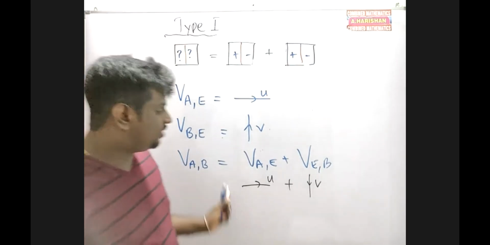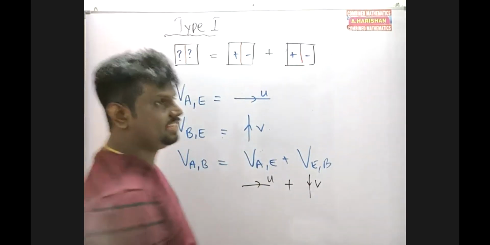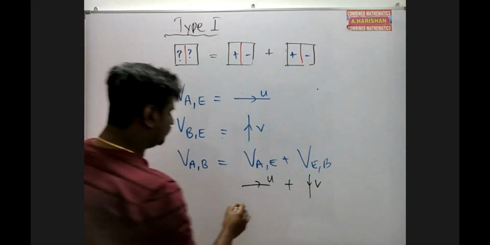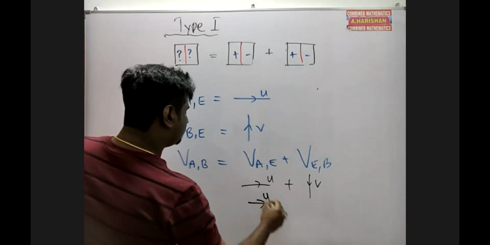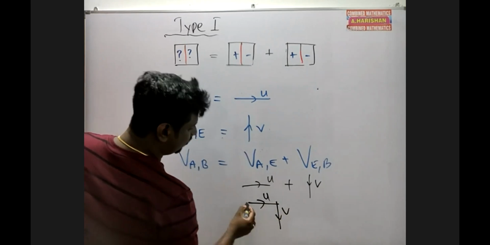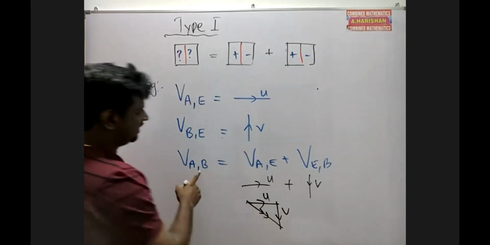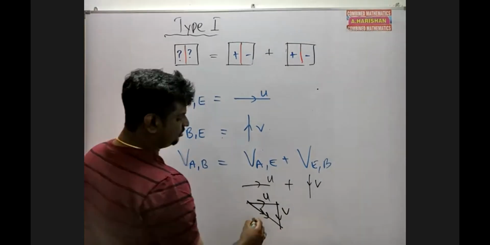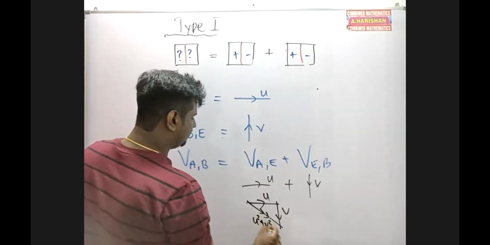Now what we have to do is build the velocity triangle. There is no space here, so I can use this one. U and V. So this is the resultant, the velocity of A with respect to B. Using Pythagoras, this is the answer.